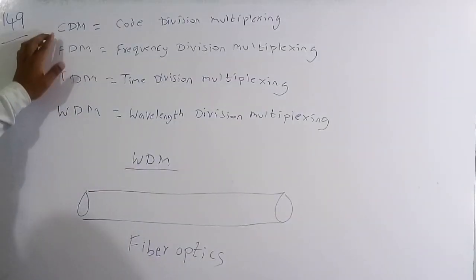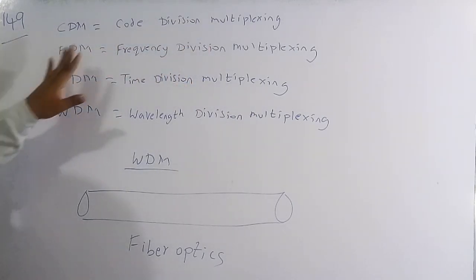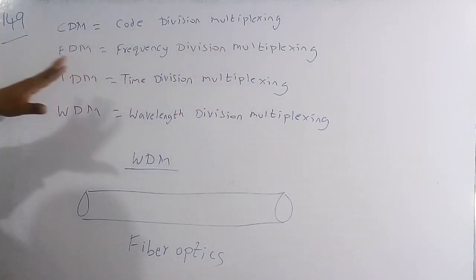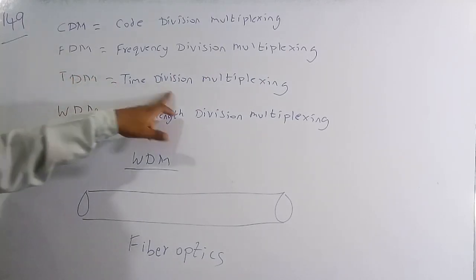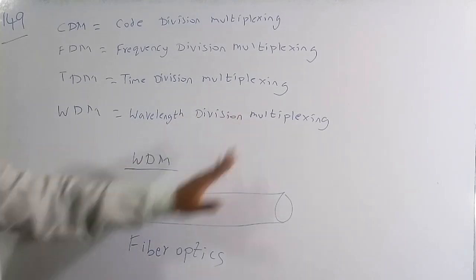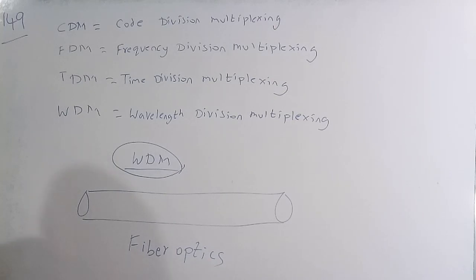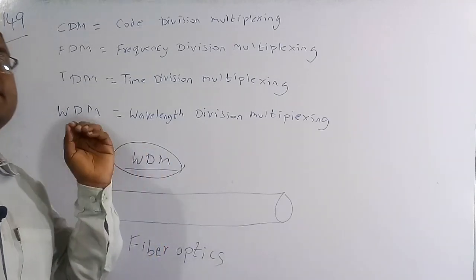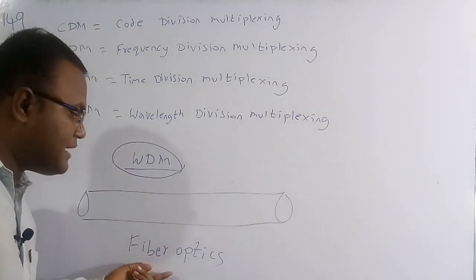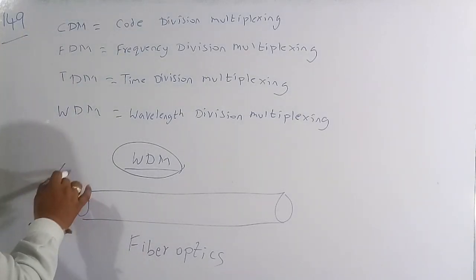So now we'll discuss what is CDM. CDM is code division multiplexing, whereas FDM is frequency division multiplexing, TDM means time division multiplexing, and WDM means wavelength division multiplexing. Basically, in wavelength division multiplexing, we are going to use fiber optics for communication. Whenever we are using fiber optics for communication, one thing is very clear: by default, inside the fiber optics we use light beams for the communication.